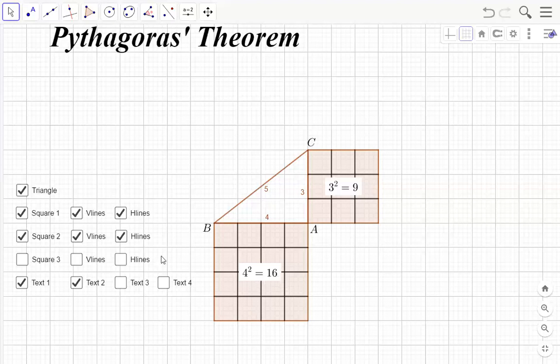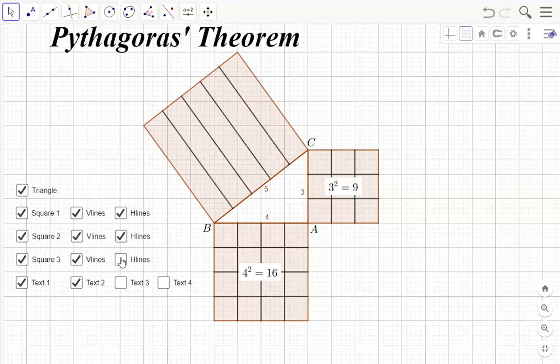Okay, now let's do the same thing to the side BC, which is 5 centimeters. Add a 5 by 5 square. Then I introduce the vertical lines and horizontal lines.